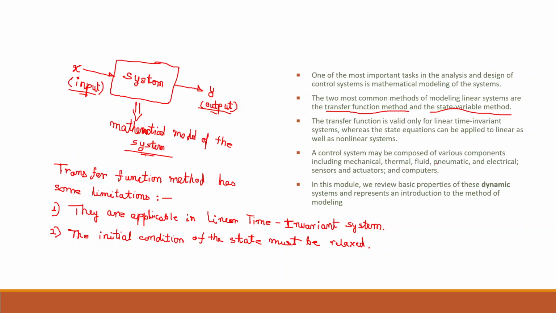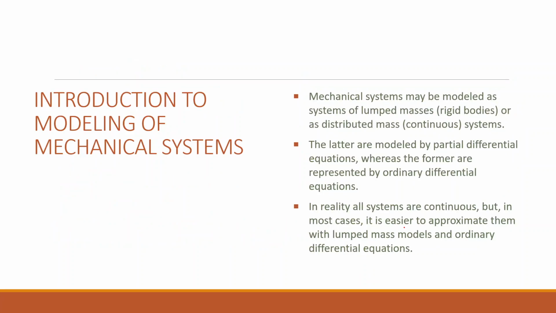A control system may be composed of various components: mechanical components, thermal components, fluid, pneumatics, which means air and deals with air pressure, and electrical sensors and actuators. In this module we review the basic properties of these dynamic systems and go through their modeling.